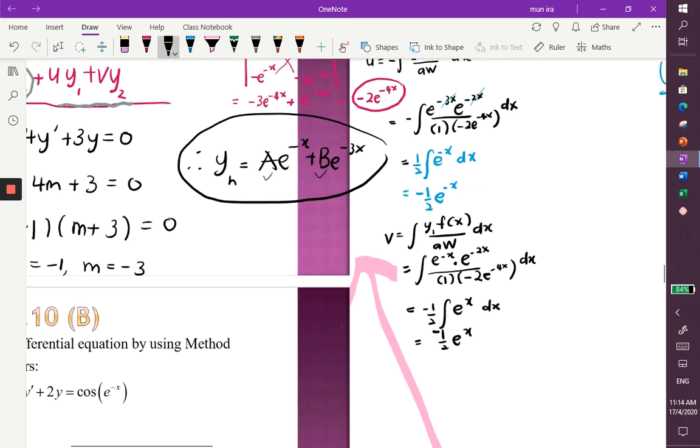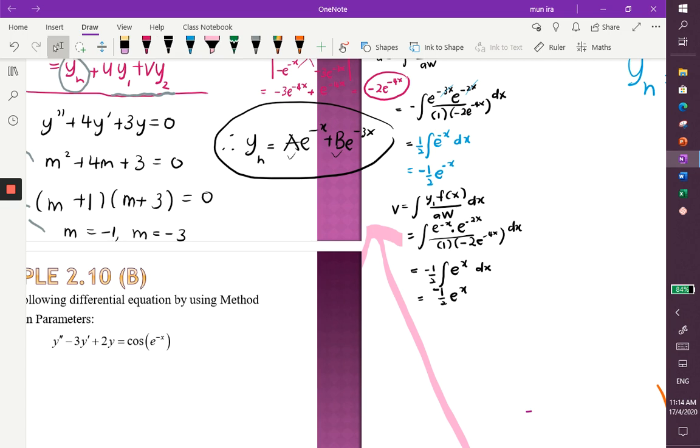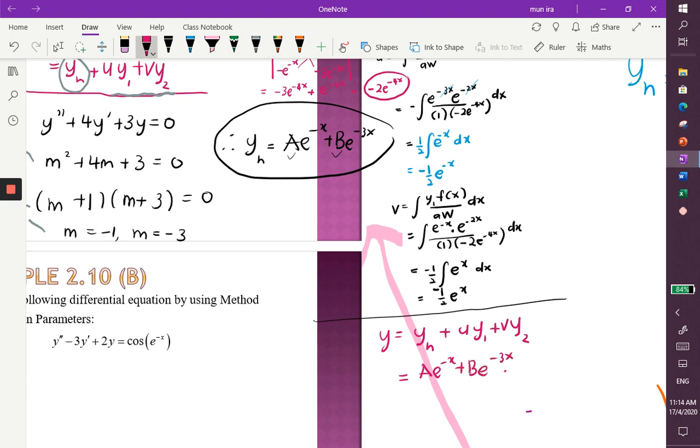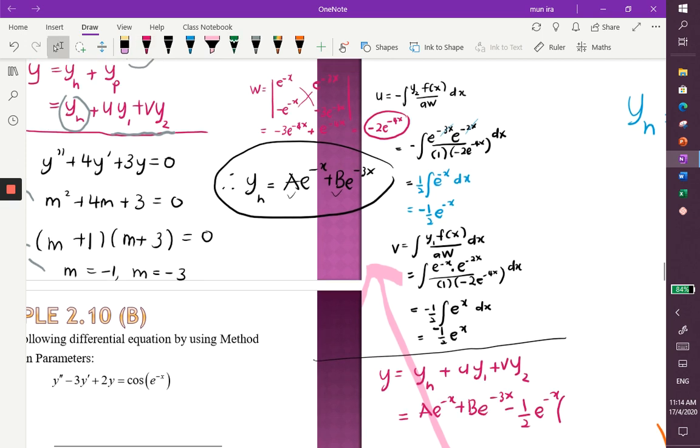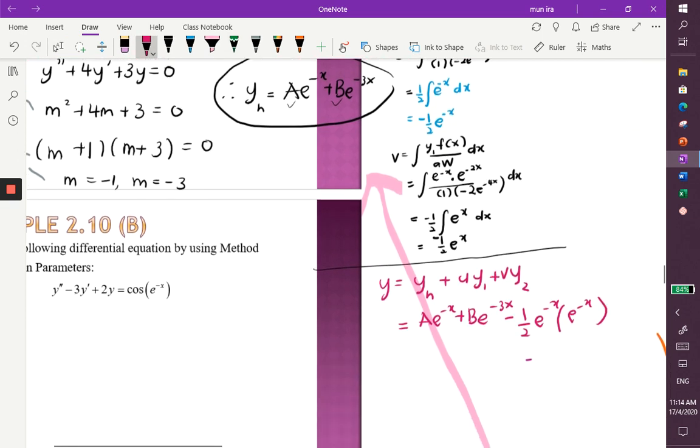Alright. So we already have our u, v and yh, so that we can find our final solution, which is y equals yh plus uy1 plus vy2. yh just now is Ae negative x plus Be negative 3x, plus u just now is minus half e negative x, y1 just now is e negative x, plus vy2.